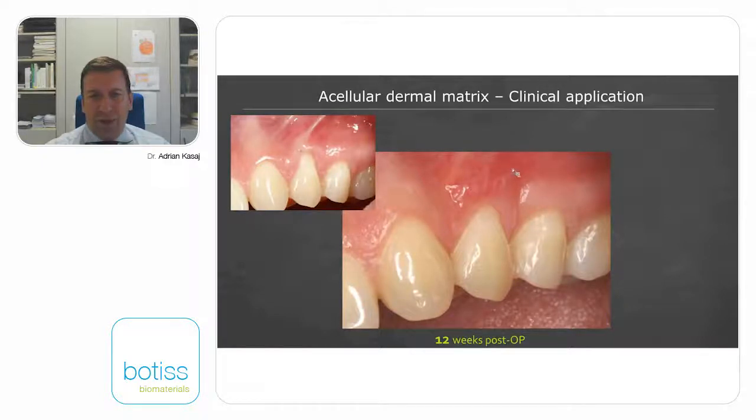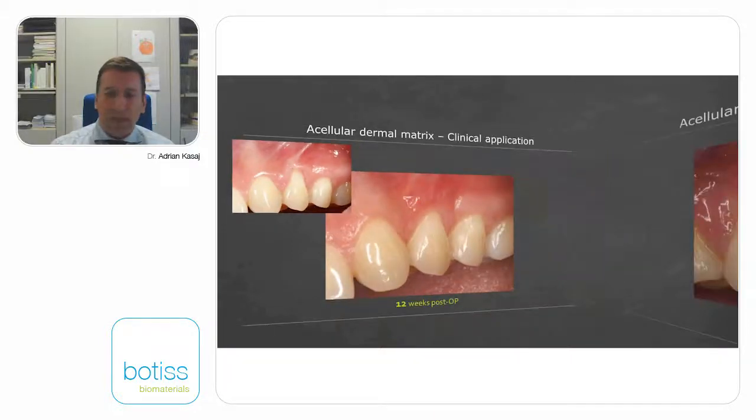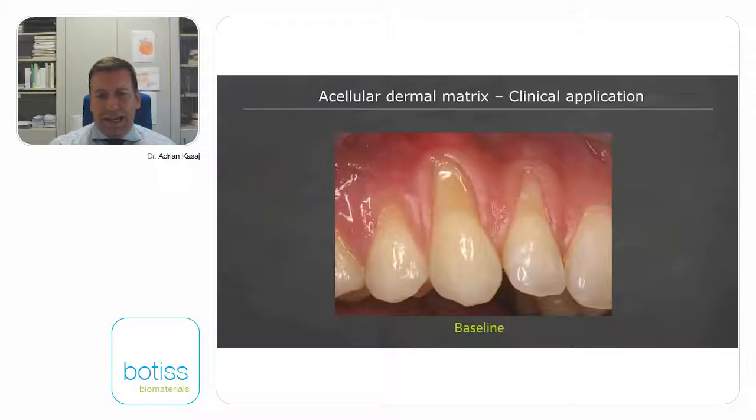Again, we didn't change the characteristics of the overlying epithelium, but you can see underneath a zone of dense connective tissue, which is giving stability to this area.